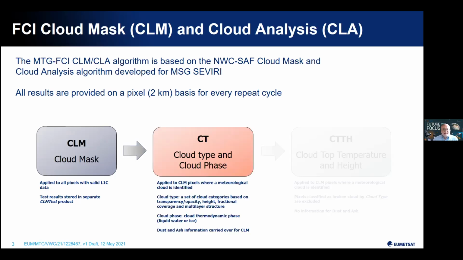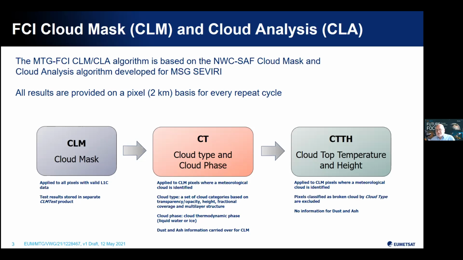And then the cloud type and cloud phase is again based on the nowcasting CEPH, and we will have a cloud type, so different types of clouds, and also the cloud phase, liquid water or ice, but also information about dust and ash.